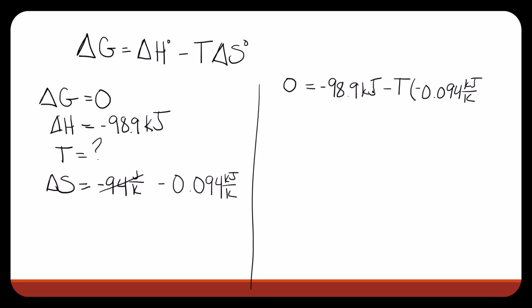All right, I'm going to move this 98.9 kilojoules over to the other side. So it is a negative value. The inverse of that is to add it. So plus 98.9 kilojoules. So those cancel. Whatever I do to the right side, I also have to do to the left.